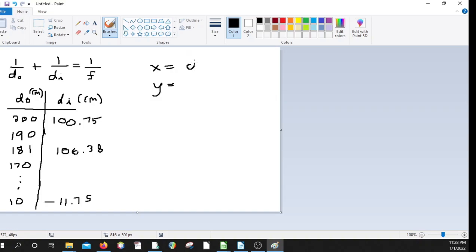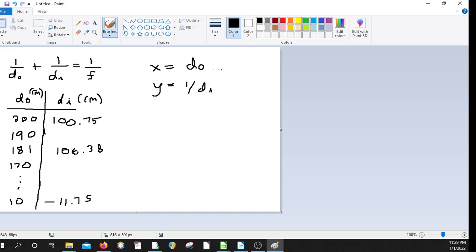Let's say x equals DO. I'm going to do it wrong. And let's say y is 1 over DI. Calling it, say, x equals DO and y equals DI, that accomplishes literally nothing. You're not really changing the mathematical form of it, you're just changing the letters. Nothing good's going to come out of that. So at least we've done something here.